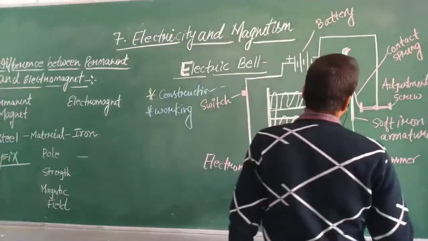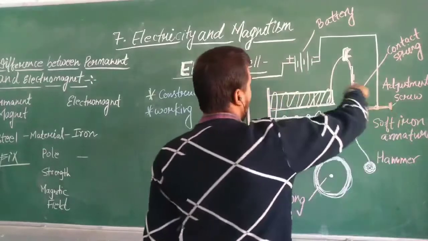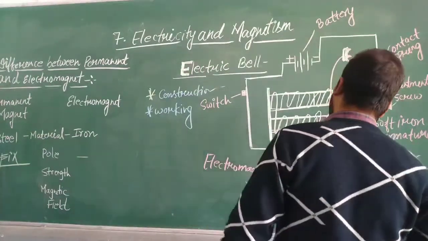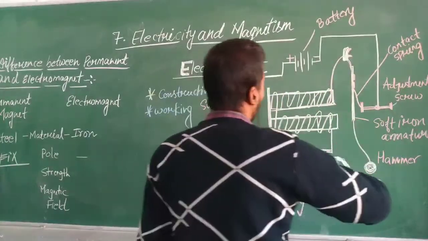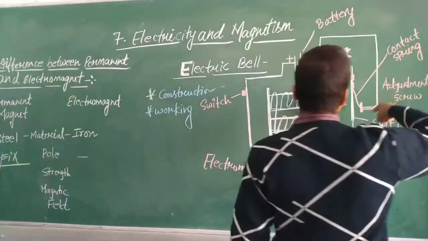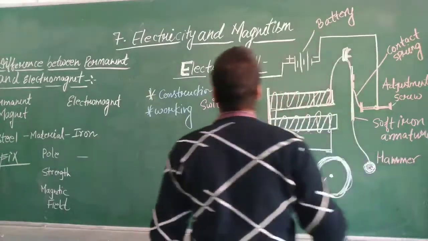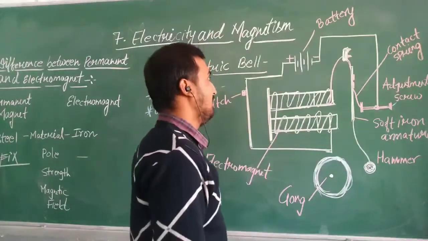Afterwards, when the flow of current stops, all the instruments adjust themselves to their original position, and this process continues. This is the concept of the electric bell.